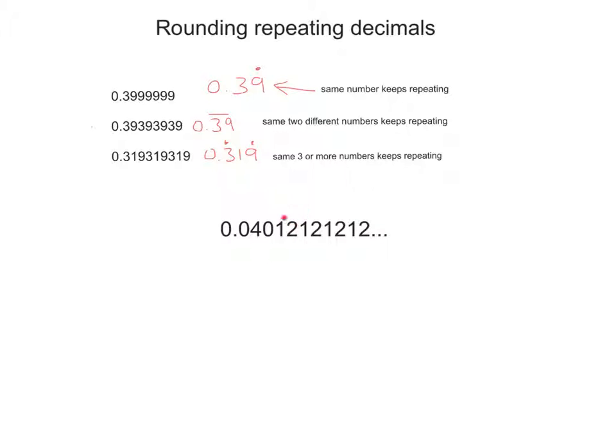So you can see that we've got two different numbers here that keep repeating. So that's the pattern. So in that case, we can write this as follows. And we can put a line over the repeating pattern. And the reason why we put a line is because it's only the same two different numbers that keep repeating. So that's why we put the line.